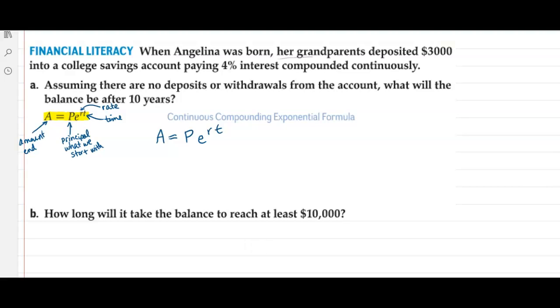Her grandparents deposited $3,000. That's what they started with. $3,000. E is always going to be E. It's not a variable, it's actually representing a number. Paying 4% interest. As a decimal, that would be 0.04.